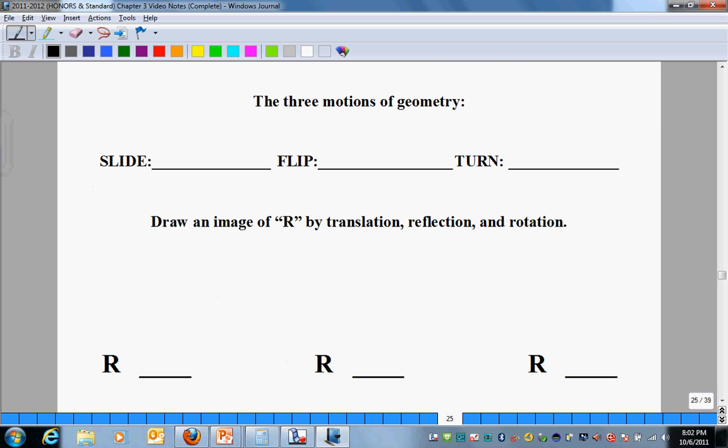So the three motions in geometry, slide, flip, and turn, are called translation, reflection, and rotation.